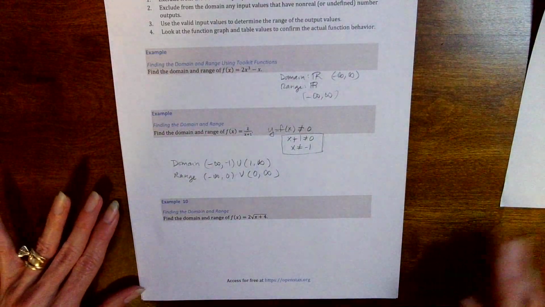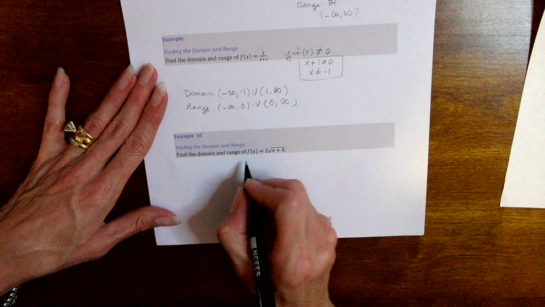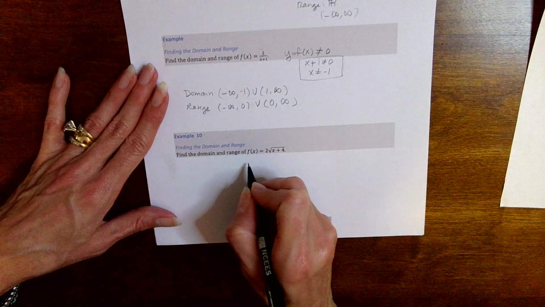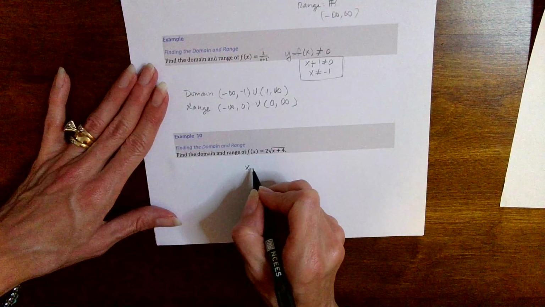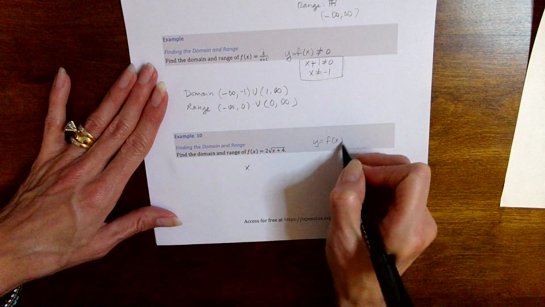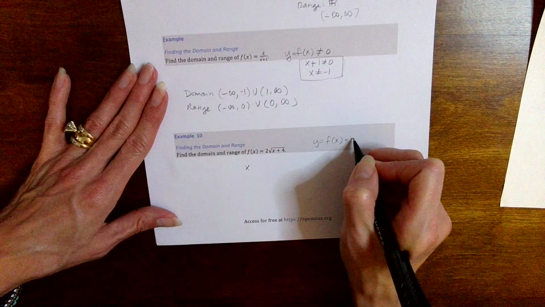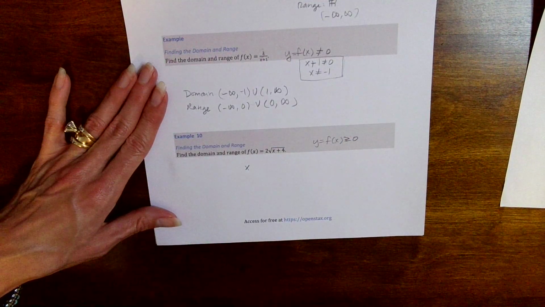Alright, and let's look at this one. First of all, I know since y equals f of x, the whole function has to be greater than or equal to 0, because I can't take the square root of a negative number.